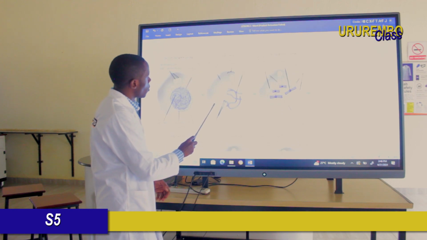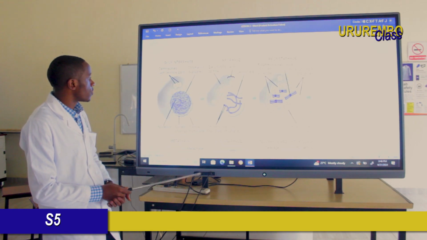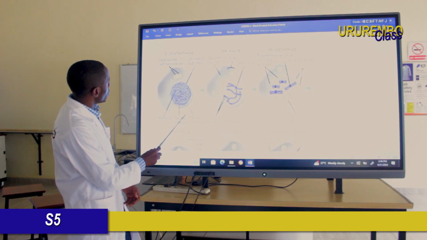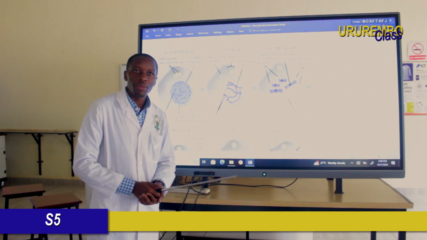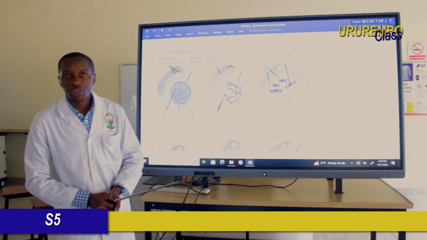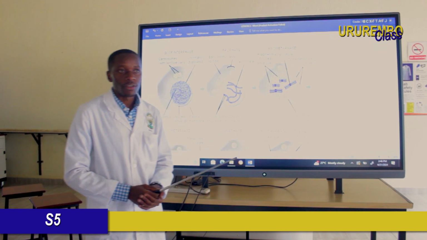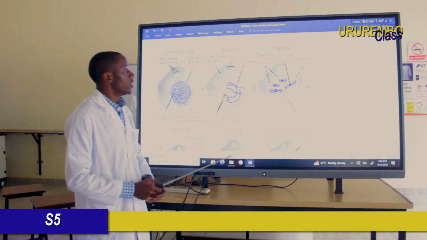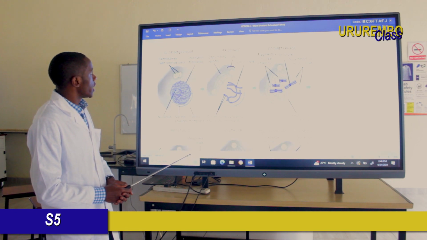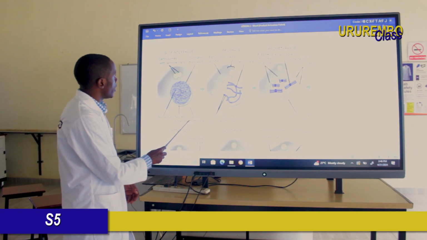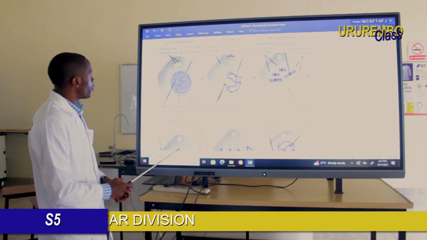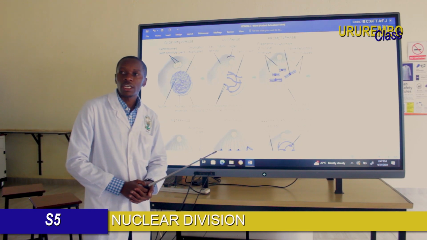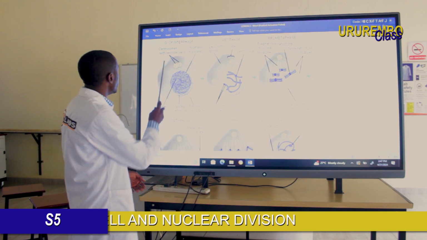Before we start with the first phase, let us start with the interphase. You remember the cell cycle contains interphase, mitotic phase, and cytokinesis. This diagram shows the different events that take place during mitosis. Before entering mitosis, it starts with interphase.